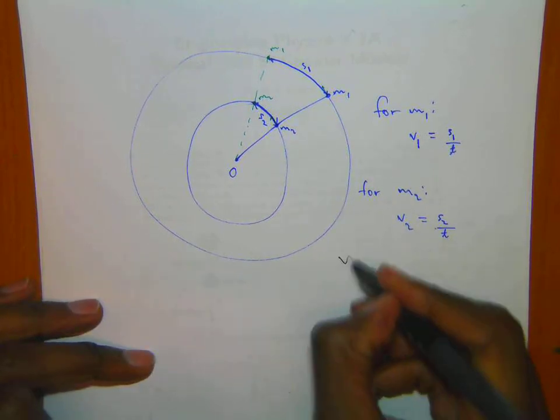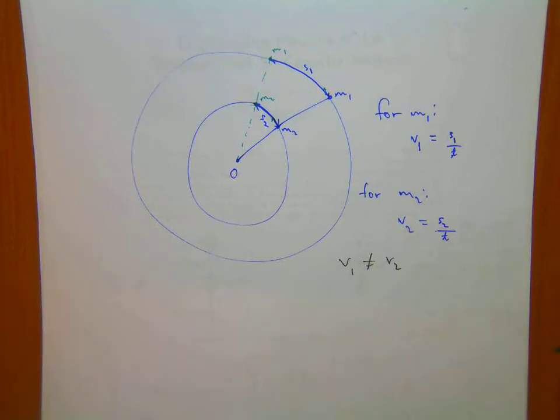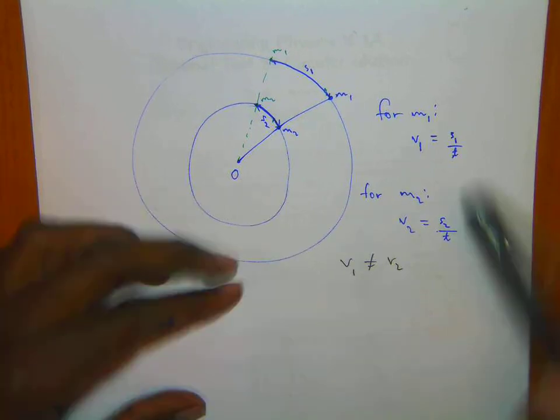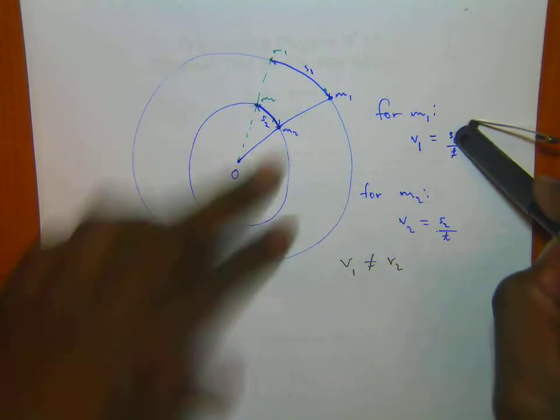Is everyone okay with that? Please raise your hands or speak up if you are not okay with that. Can you see why they are not equal? Because the distances covered are not the same. This one covers a bigger distance than that one.